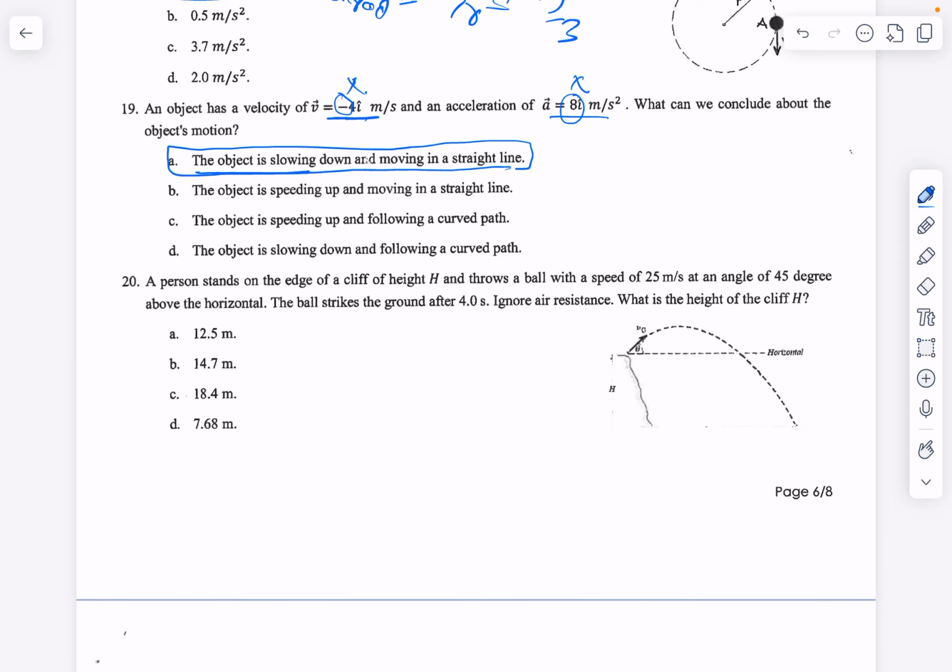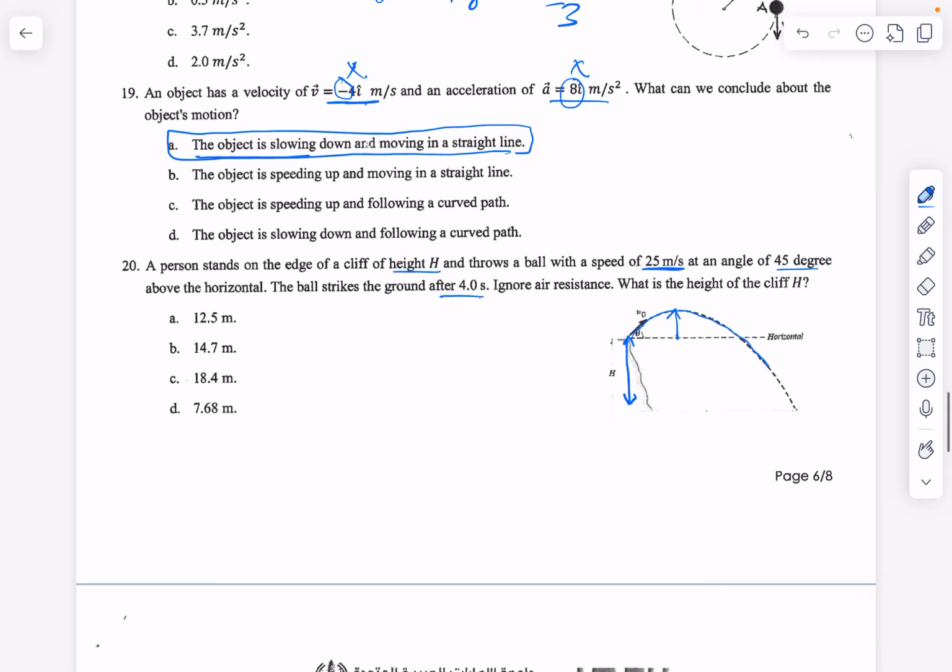So next question is, a person stands on the edge of a cliff at height h and throws a ball at a speed of 25 meters per second at an angle of 45 degrees. So it moves like this. The ball strikes the ground after 4 seconds. What is the height? So we need to calculate this height, not this height.